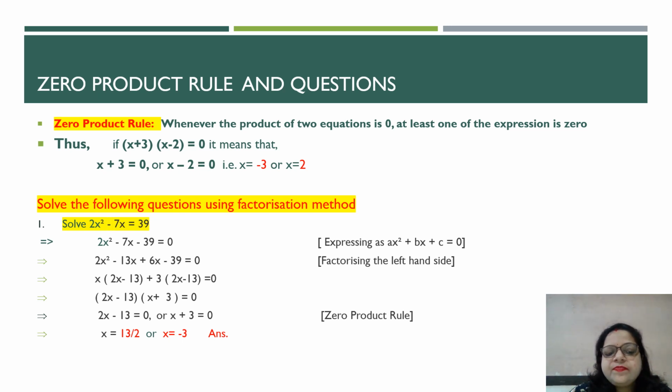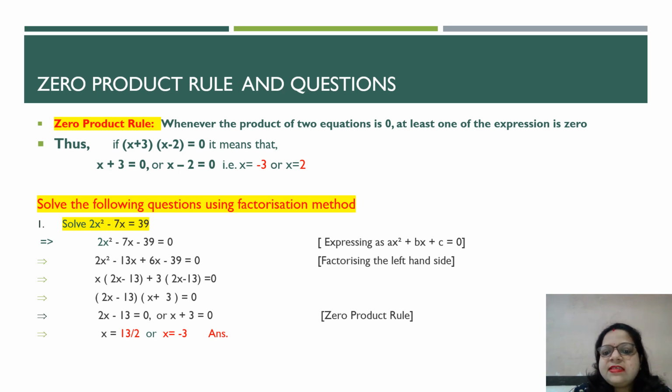What we get? The answer 78. Right? 78. And we have to find two numbers which add up to minus 7 and they multiply and give you minus 78. So here what we do, 2x square, if we take minus 13 plus 6x, then 2x square minus 13x plus 6x minus 39 will be equal to 0.